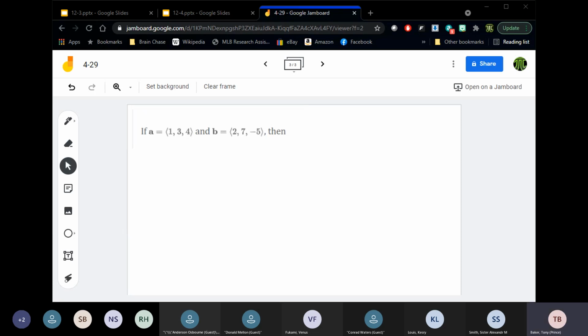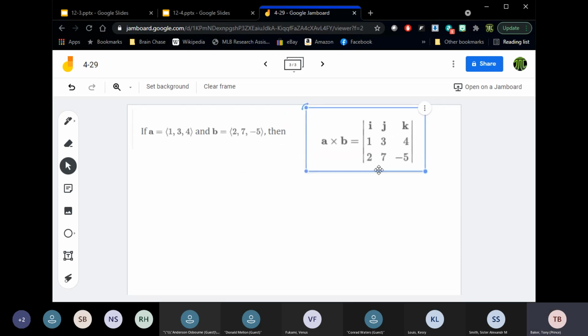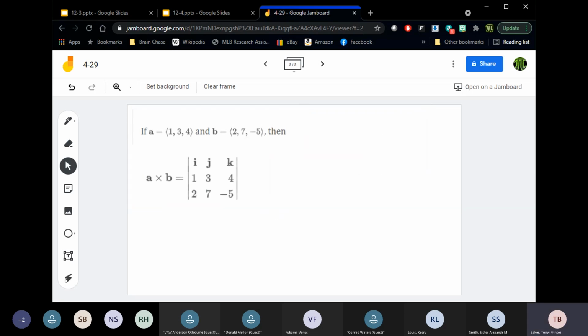The first thing we're going to do is write it in terms of the matrix. So we have that. Any questions with how that became?